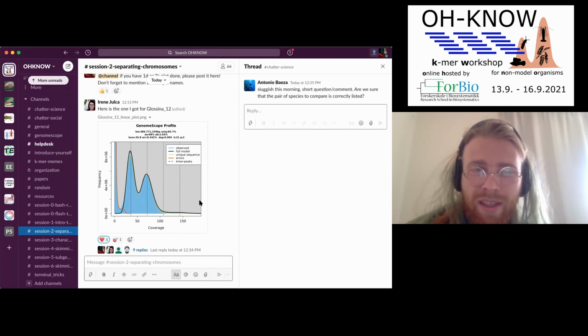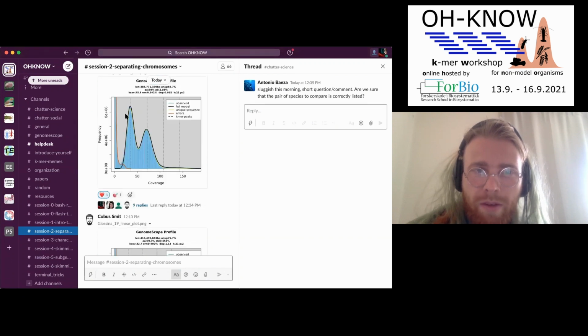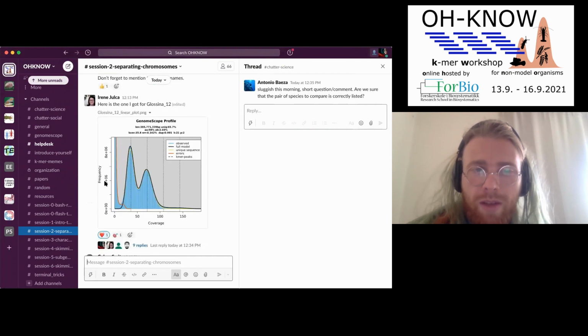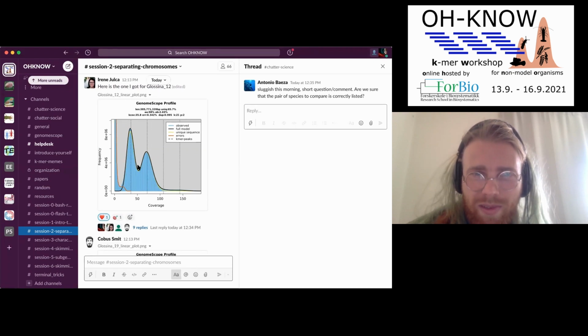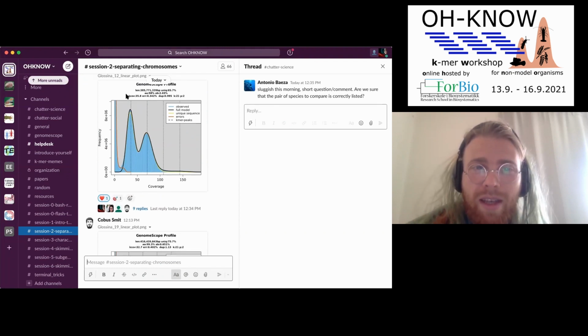So we have a bunch of k-mer spectra, and you see that in some of them the left peak is quite high, in some quite low. Could you tell me what you think is the sex of the individual samples? Is this a male? Yes, I do think that will be a male. A heterozygosity of up to 2% is really high.